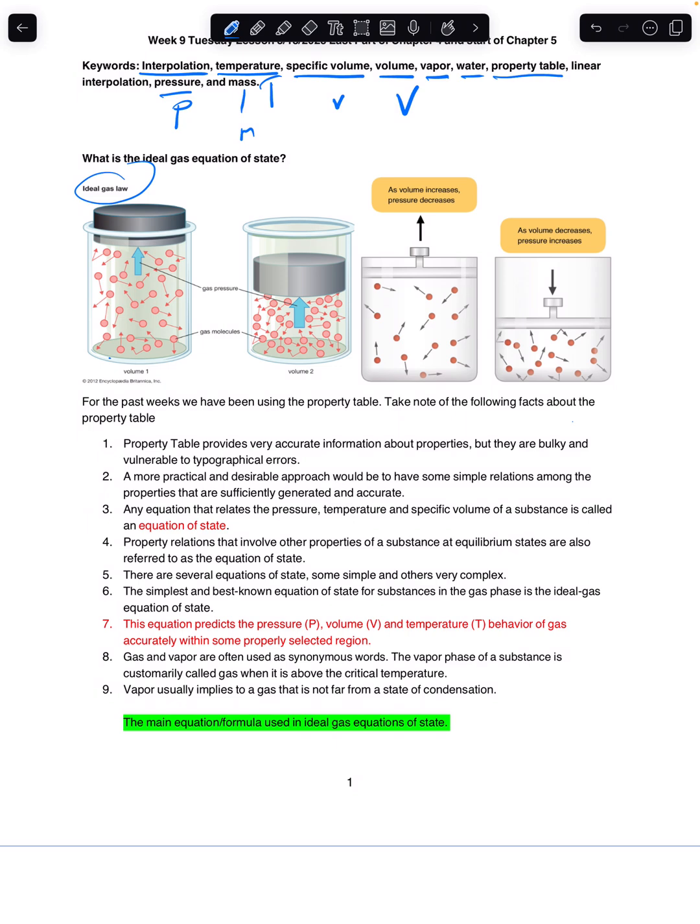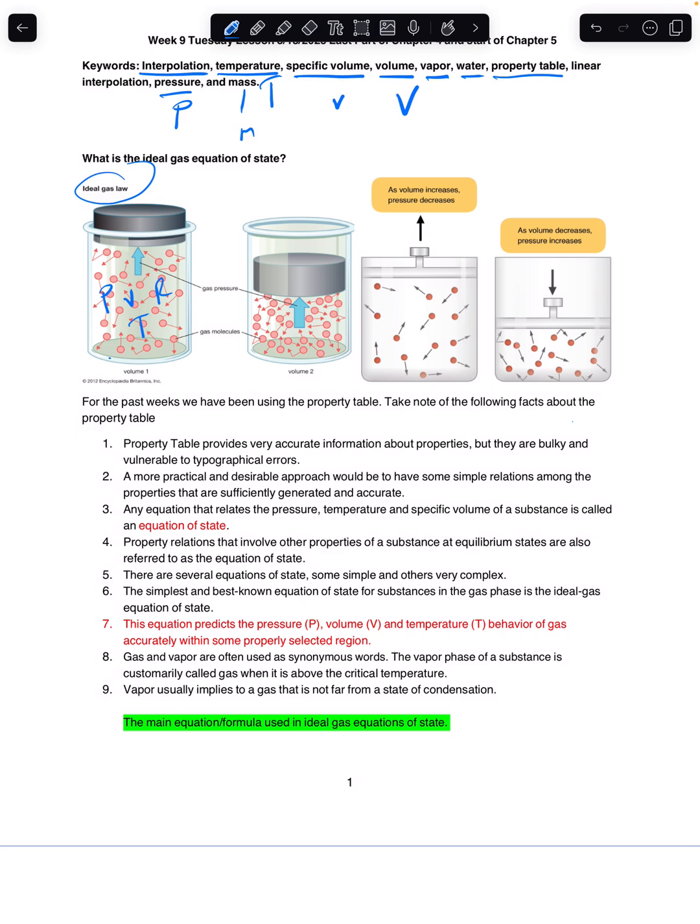The pressure is kept constant, and therefore that system is said to be in an ideal state. So we call that an ideal equation of state. In that, the pressure is kept constant, the specific volume is kept constant, and then we have R, which is the ideal gas constant, and T is the temperature.